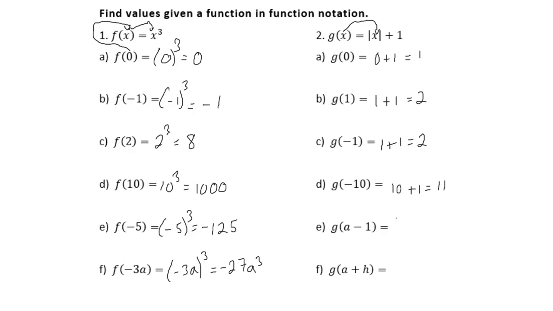A minus 1, so this is the absolute value of a minus 1 plus 1. And then we're going to take our last one, plug that in, and we get the absolute value of a plus h, plus 1. All right, let's go ahead and look at some more examples.